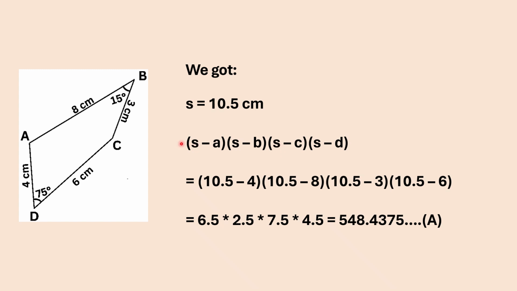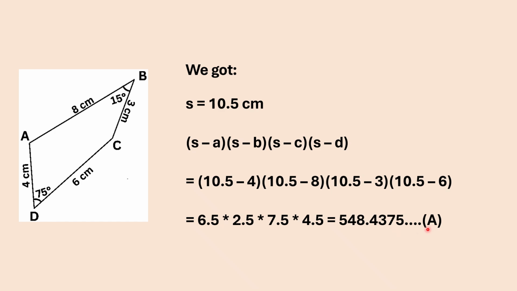Here we don't have S, only S minus A, S minus B, S minus C and S minus D. So S is 10.5, and A is 4, B is 8, C is 3 and D is 6. So 10.5 minus 4, 10.5 minus 8, 10.5 minus 3, 10.5 minus 6, and we get this value.